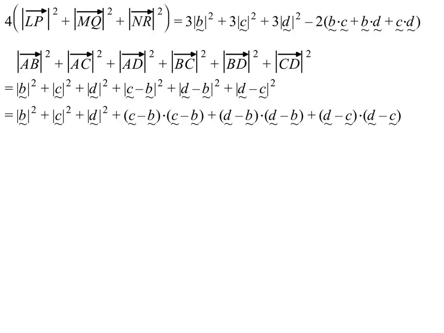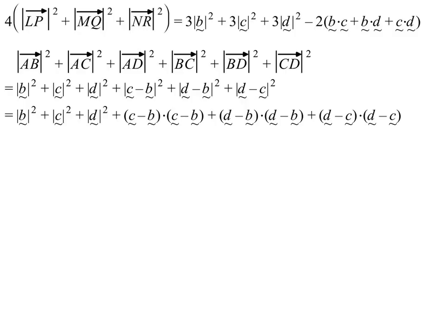I'll leave the first 3 as they are, because essentially I want to show it's the same as my top line there. But why would I take that out of that form when I'm going to have to get it back in that form? But let's look at these dot products. The magnitude squared would be c minus b dot c minus b, and so on and so on. Let's now expand out each of those.